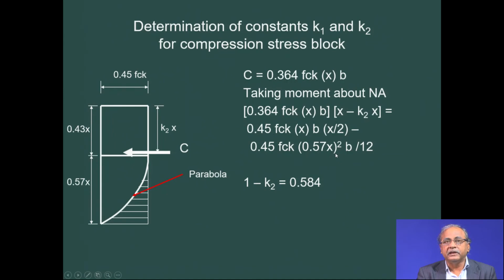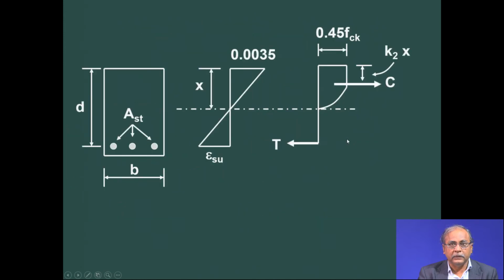So, simplifying it, 1 minus K2 equals 0.584. So K2 equals 0.416 or 0.42, and so we can find K1 and K2.